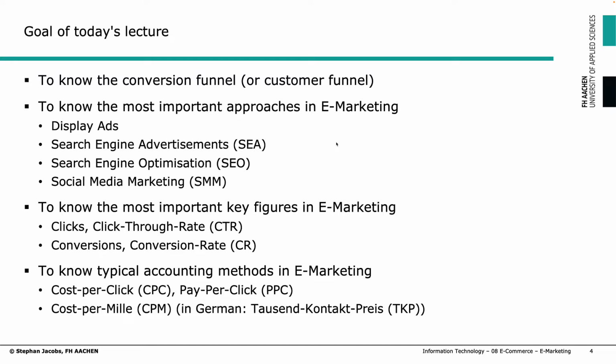We can pay per click, cost per click, and we can pay for what are called impressions, and here we typically pay by a cost per mille. On top there is cost per conversion, and you can use these things as key figures simply to measure the success of the methods, tools and approaches you have taken in e-marketing. But we'll dig into it a little bit later.